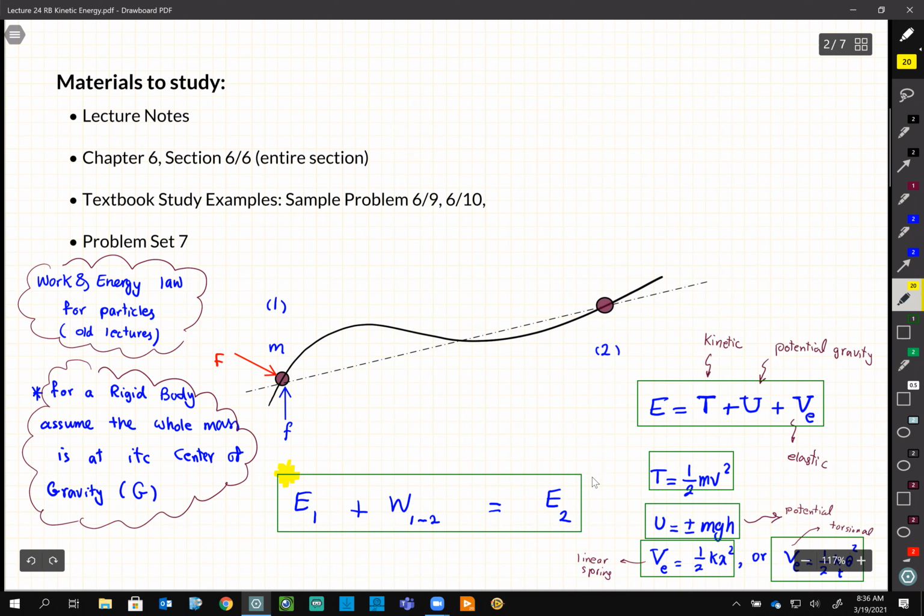Someone asked, maybe by email, about friction. That's okay. Friction also does work, but negative work, so it goes here. Friction multiplied by the distance gives you the work, but with a negative sign.